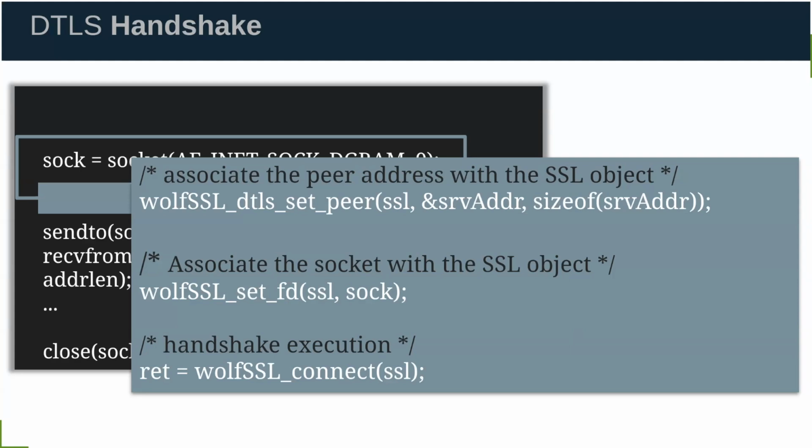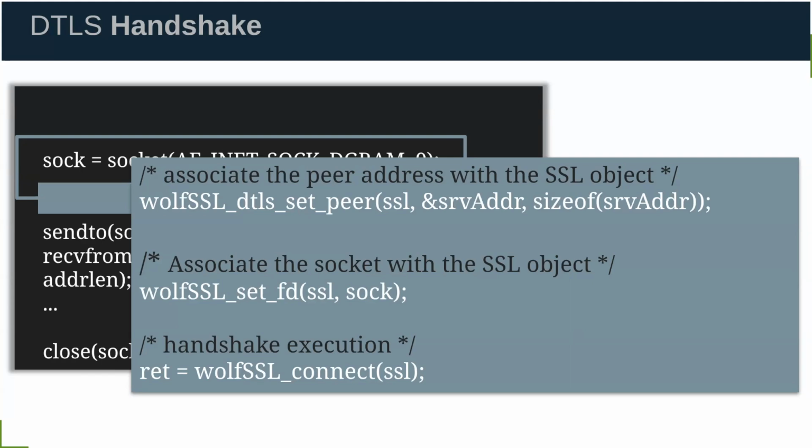We do that using wolfSSL DTLS set peer. Of course, this is different compared to TLS, because TLS is using TCP, and TCP is a connected socket, so you already know your endpoint, but it's not the same in DTLS. So you call wolfSSL DTLS set peer.